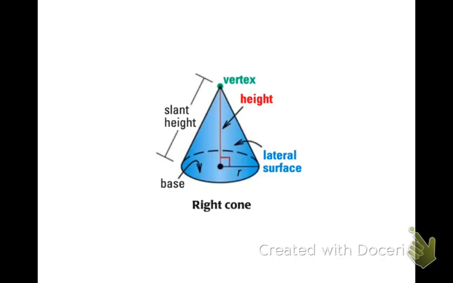So you still do have a right triangle with your height and your slant height. And notice that your leg would be the radius. Okay? So the Pythagorean theorem still may apply. If you're given the height, but you need to solve for your slant height, you would just do a squared plus b squared equals c squared. All right, does everybody see that? So you still have the same right triangle.